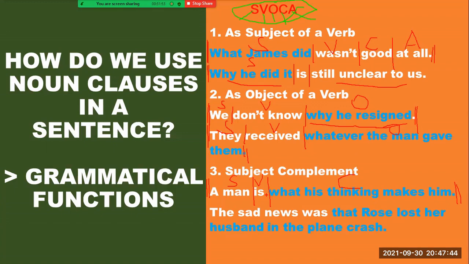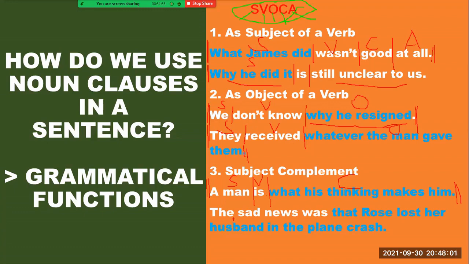A man is what? And so what completes this sentence is the complement, which is a noun clause. A man is what his thinking makes him.